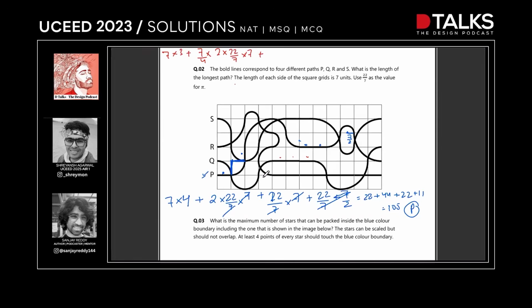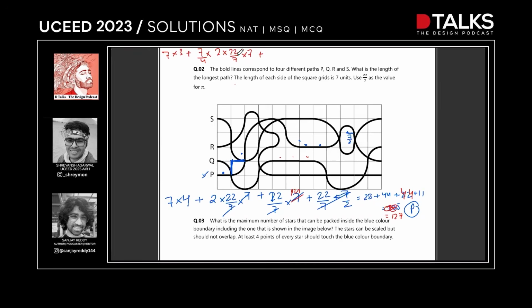Plus, do we have anything else in this? We have this one arc, and the radius for this is 14. Wait, did I not put 14 here? I did not put 14 here. I made a mistake here, this will be 44 only. This will become 77. That's okay.